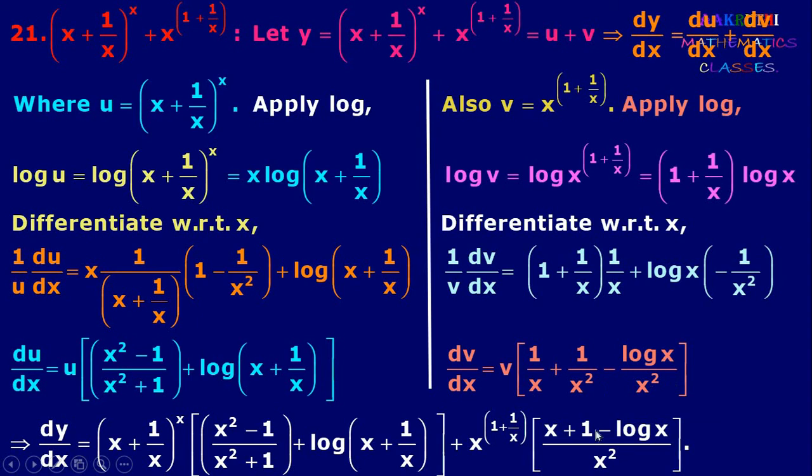Taking x square LCM, we get x to the power (1 plus 1 by x) into (x plus 1 minus log x) divided by x square. So therefore dy by dx is (x plus 1 by x) whole power x into (x square minus 1 by x square plus 1 plus log of (x plus 1 by x)) plus x to the power (1 plus 1 by x) into (x plus 1 minus log x) divided by x square.